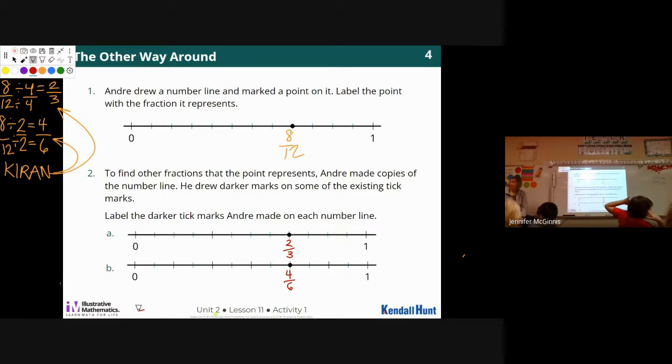Talk to your tables, you're so excited. I got it. 2 times 4 and 3 is 6. You just add 1. You just gotta flip it.